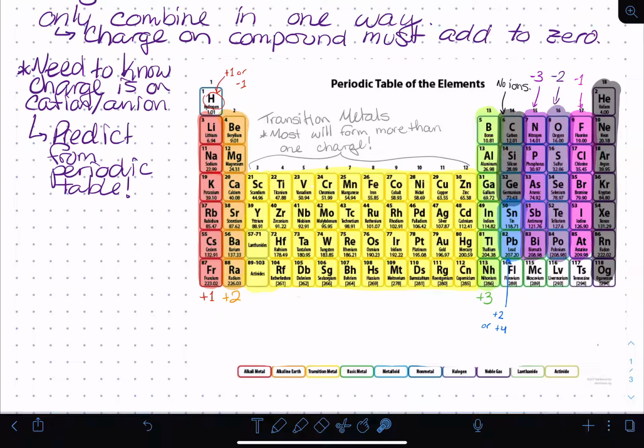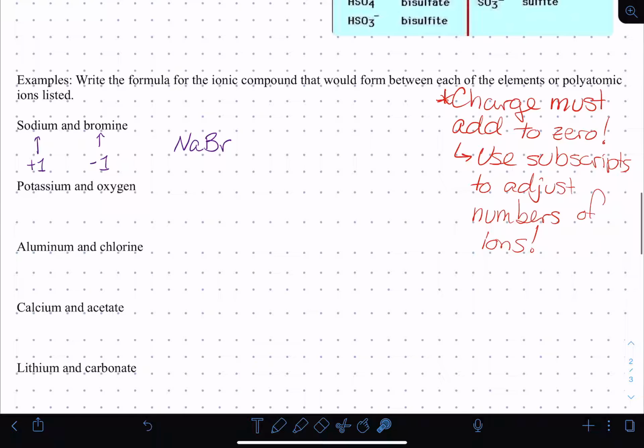Potassium is once again in that same family that forms +1 ions, but oxygen is -2. So when we come back and look at this, we have +1 for our cation, -2 for our anion. These ones don't automatically balance each other out. We have 2 negatives and only 1 positive, so we're going to need 2 potassium ions for every 1 oxygen.